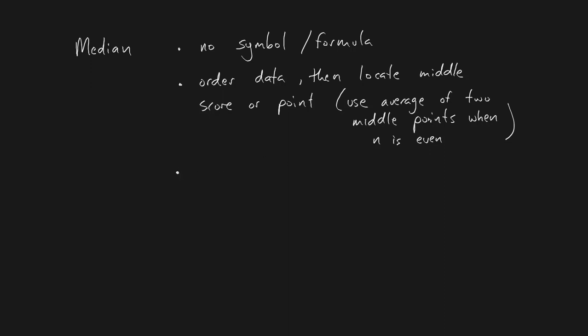Beyond this, because it could be between two points, the median is not necessarily a member of your data set. Remember, when we had to find the average of 58 and 60 and we got 59, 59 was not part of the original data.